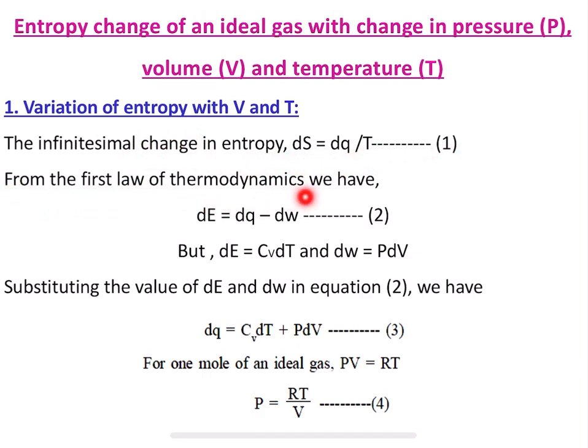From the first law of thermodynamics we have dE equals dQ minus dW. But we know that dE equals CV dT and dW equals PdV. These derivations we have done in our previous class; you can go back and see your textbook.